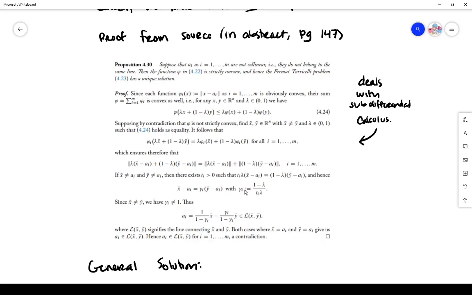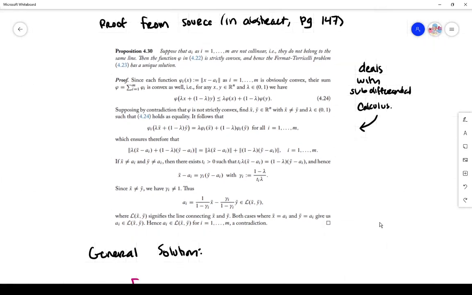It deals with subdifferential calculus, which is not within the scope of what I want to talk about, but you can take this function, plug in the original problem that we had with this phi, do a bunch of math on it and get this out, where essentially you would get a contradiction if there was more than one solution. This is important because it sets the groundwork: regardless of dimension, we're looking for one point that will be our minimum distance point.